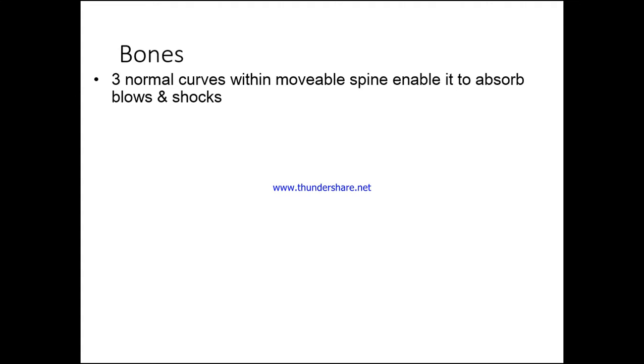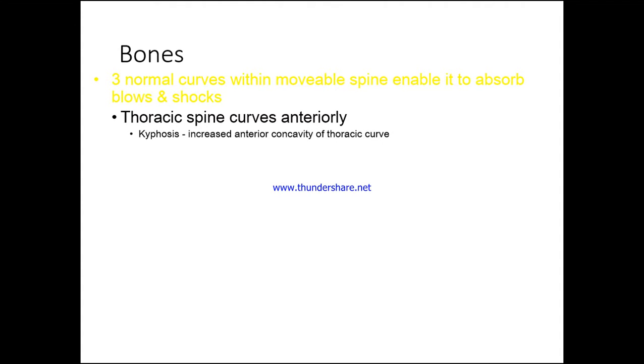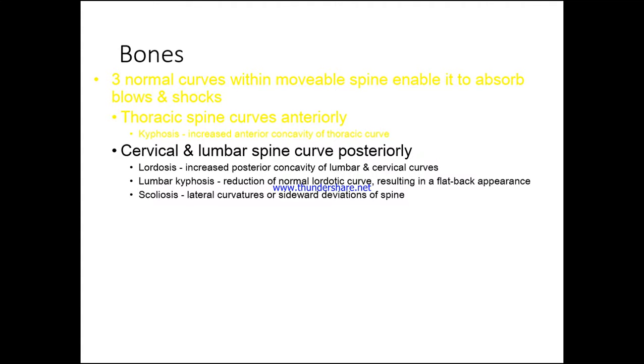The three normal curvatures of the spine enable it to absorb blows and shocks, and allow us to distribute weight evenly and functionally. The thoracic spine curves anteriorly. Kyphosis is increased anterior concavity of the thoracic curve.